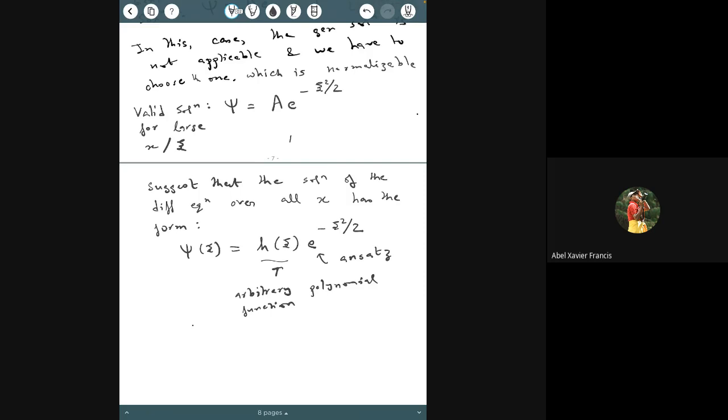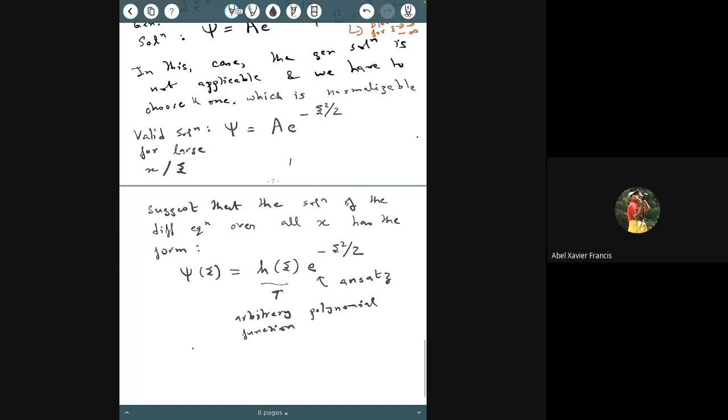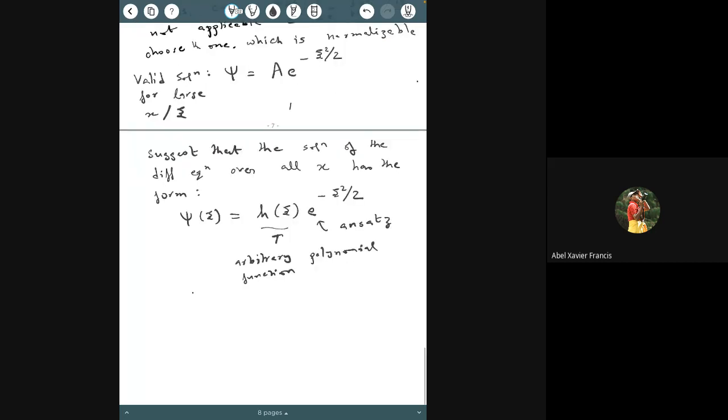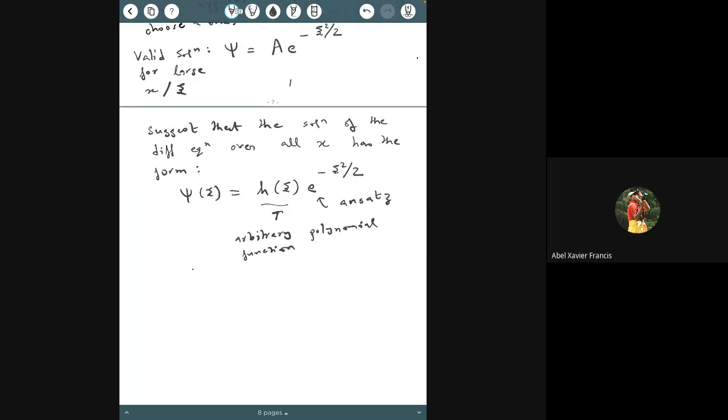But this has come after a lot of struggle. It's not like people just saw this equation and figured out that this is what the ansatz or guess should be. We are just going via the path which has already been cleared for us. So that's why you do standard problems.